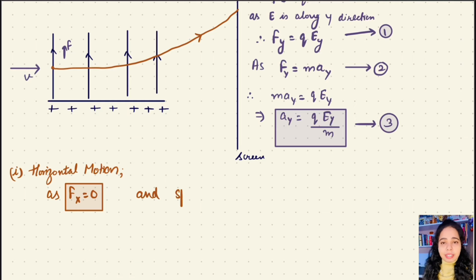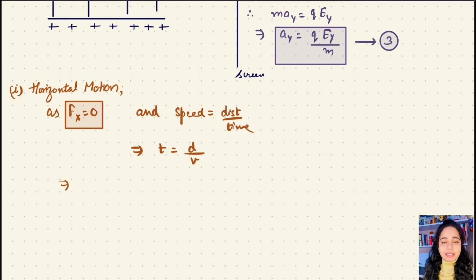That is, we can say that time is equal to distance upon speed. If the particle is covering x distance along the x-axis with speed or velocity v, then we can say t is equal to x upon v. So this is our equation number 4.